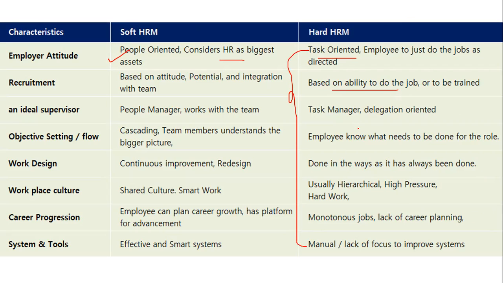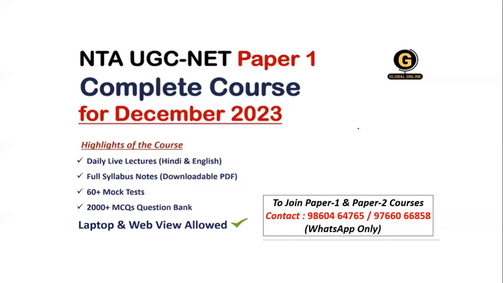In hard HRM, there are hierarchy, monotonous jobs, lack of focus. All this indicates traditional HRM, whereas soft HRM indicates the latest practices followed in an organization. This is the short topic we have done here.